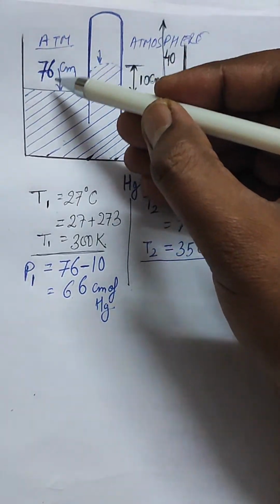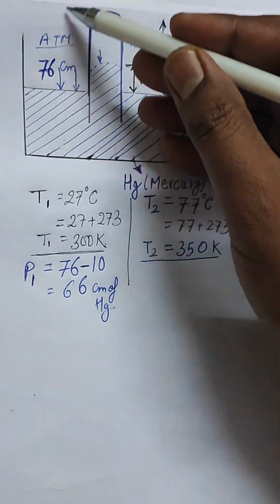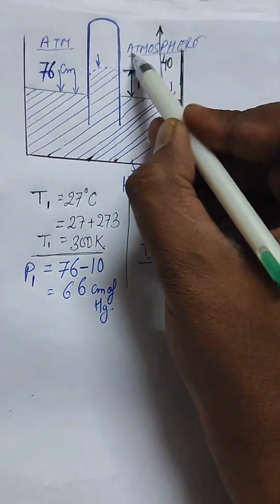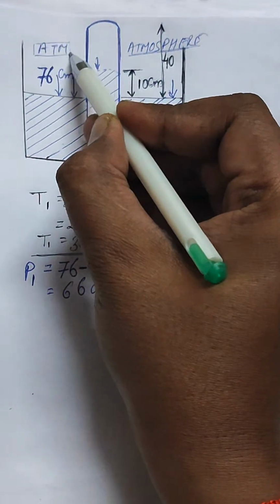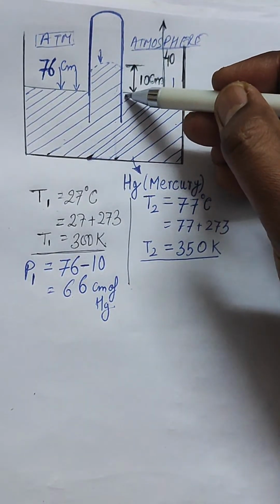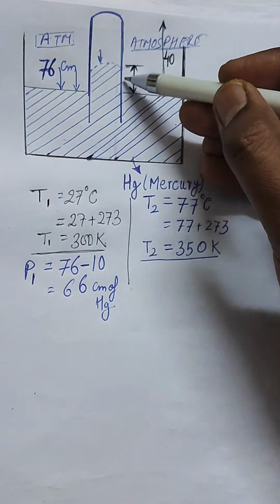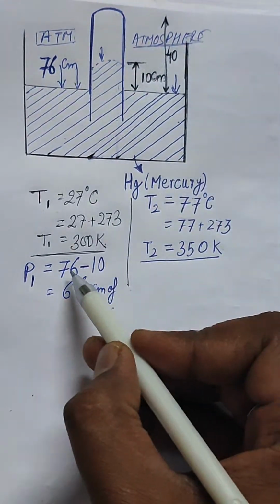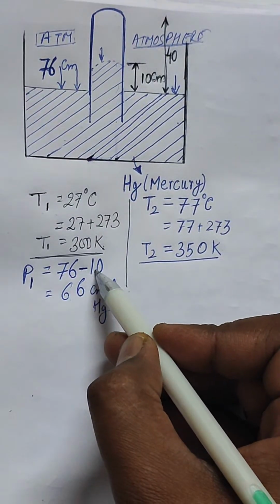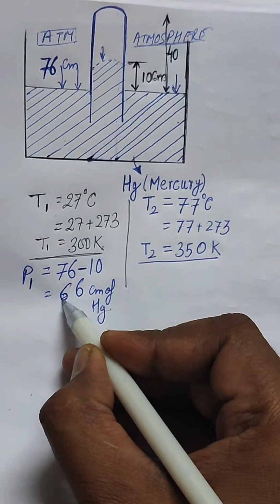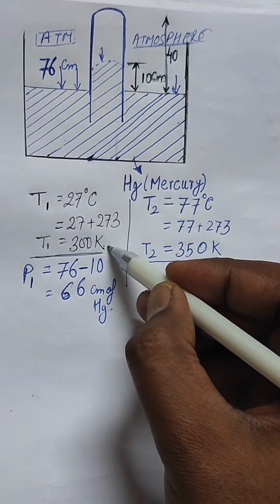Because 76 cm of Hg is the pressure on the mercury in direct contact with the atmosphere. That's why I have written atmosphere over here. Now, inside the test tube, the level of the mercury has risen to 10 cm, so 76 minus 10 gives you 66 centimeter of Hg. This pressure is when the temperature is 300 K.